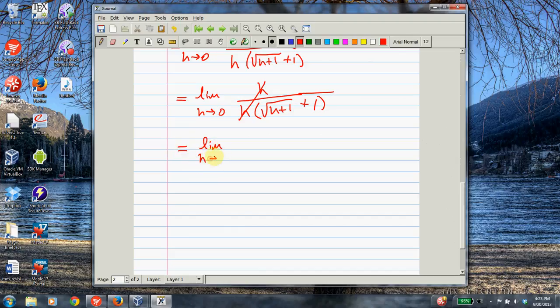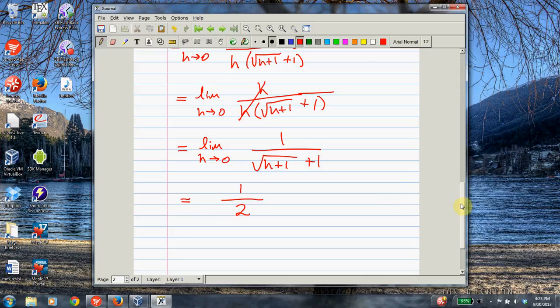So now we want to know the limit as h goes to 0, and down here we still have the square root of h plus 1 plus 1. Now there's no reason not to plug in, so when we cancel these h's we kind of defuse the bomb. Now we just have 1 over 2, because the square root of 1 is 1, plus 1.